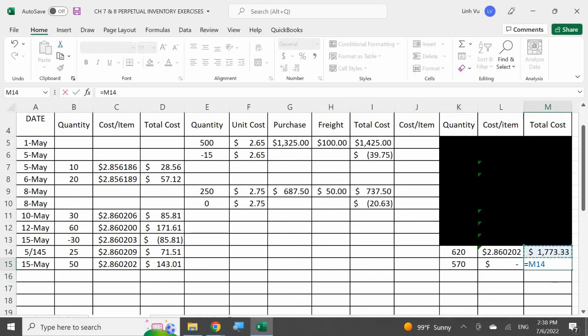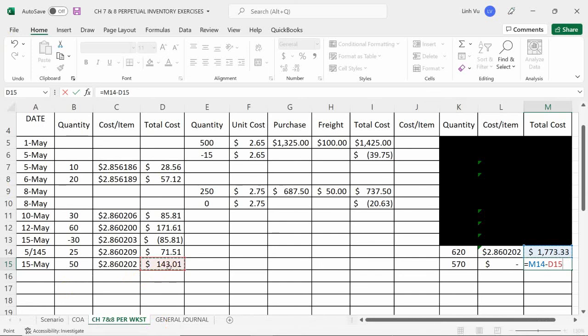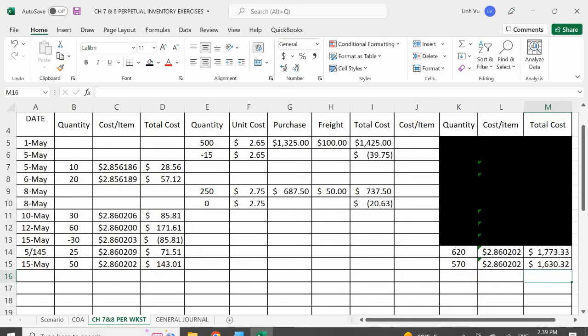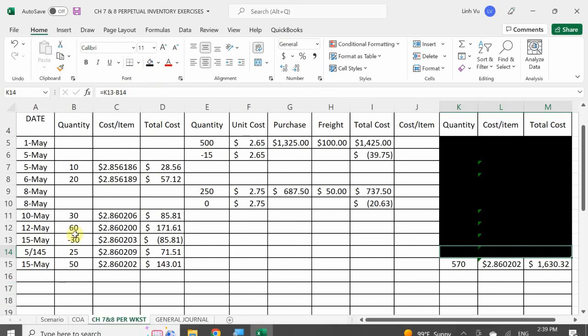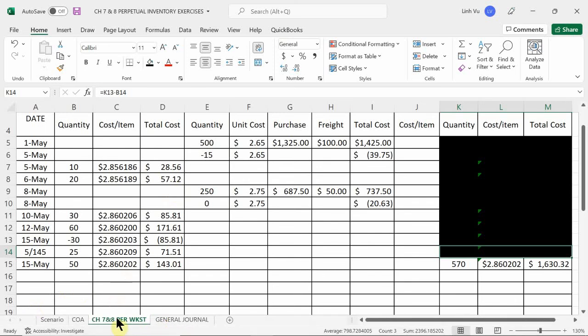You have to update your total cost here because you sold $143.01 worth of inventory. That should drop your total cost to $1,630.32. My average cost per item did not change after that sale. So I have 570 units left, and I sold 50 units, which cost me $143.01.